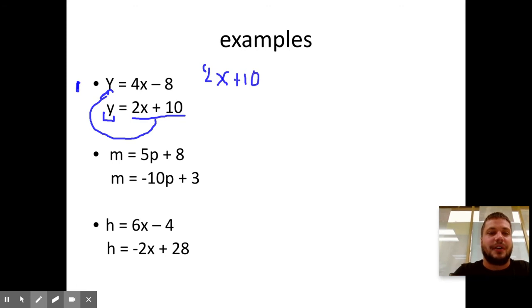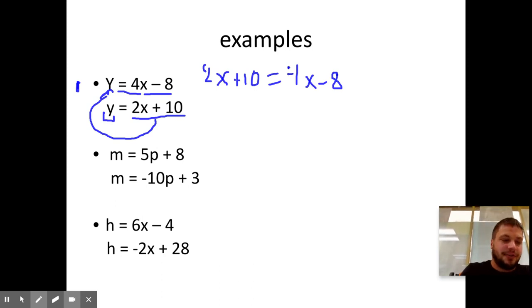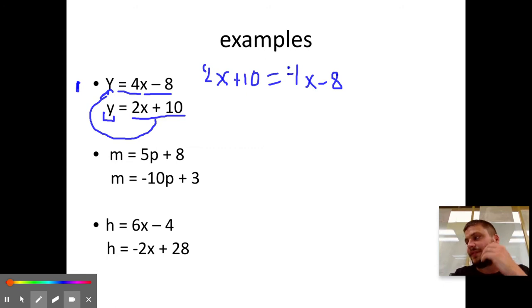And now I rewrite what's left in this equation: 2x plus 10 is equal to 4x minus 8. All right, now it's just all about how good are you with your equation solving skills, okay? Our equation solving steps tell me step one is to distribute. There's nothing to distribute here. Step two is to combine like terms on each side of the equal sign. There's no like terms on the left.